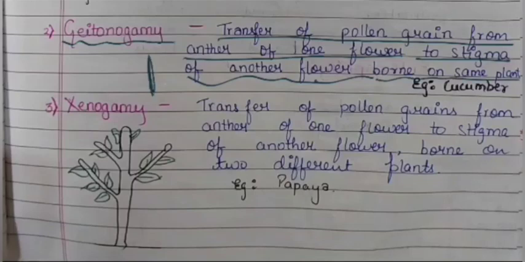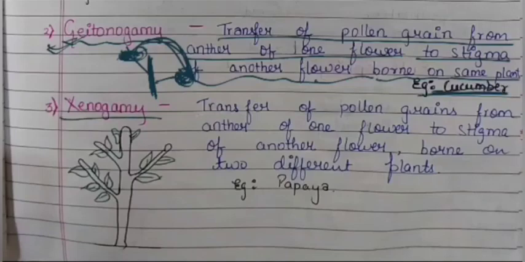Suppose, taking an example, this is a plant, this is the male flower, and here is the female flower. If pollination takes place between these two flowers, it is said to be geitonogamy. An example of geitonogamy is cucumber.